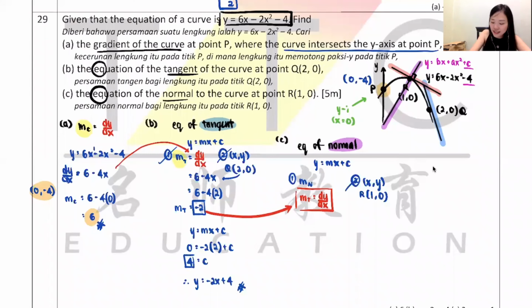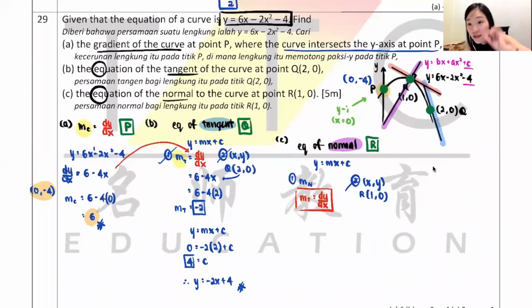Guys, listen now. I'm very scared that you guys would say like that. That means you didn't really look at the questions. The A is doing gradient for point P. The B is doing equation of tangent for point Q. The C is doing equation of normal for point R. So one is this point, one is this point, one is this point.